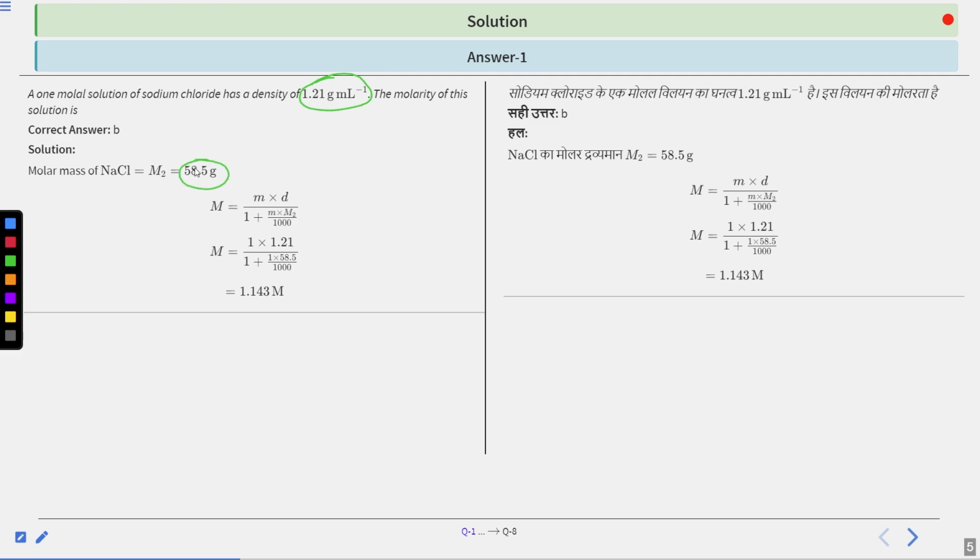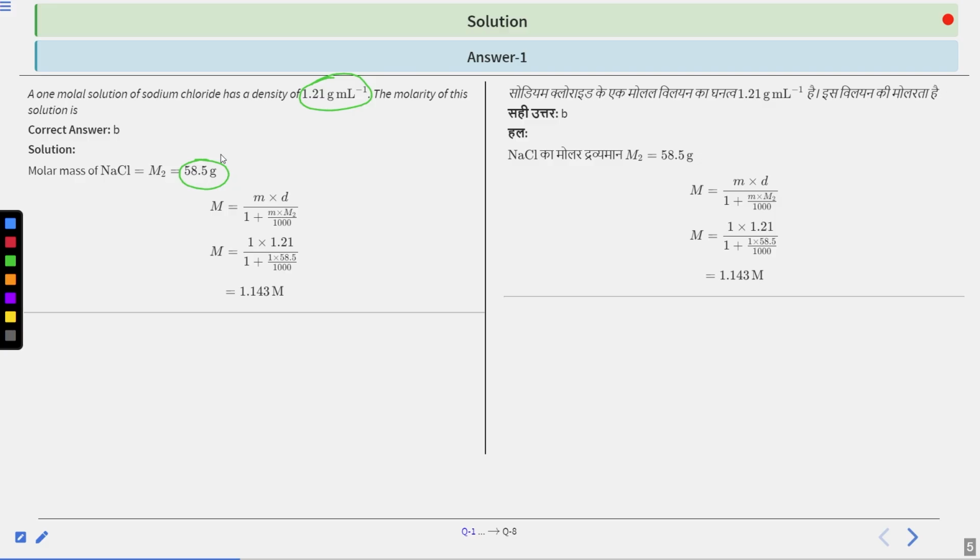Clear? So convert this mass of water into grams. That will give you 1000 grams. So 1000 grams plus 58.5 grams is the mass of the solution containing 1 mole of NaCl. Fair enough?